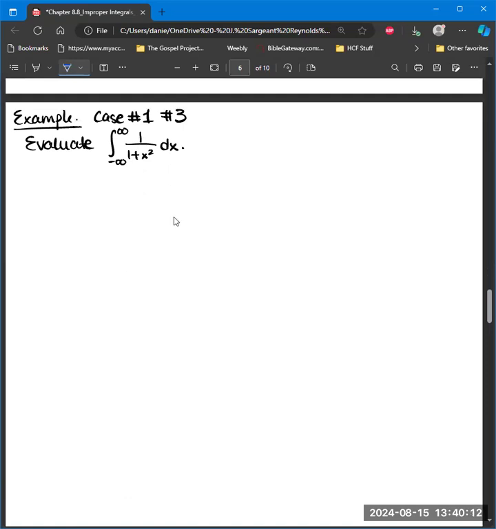Now we have two infinite limits here. So I'm going to have limit as a goes to negative infinity. I'm going to just pick 0 as a good in-between point since 0 is within the domain. So let's just split this into negative infinity to 0 of 1 over (1 plus x squared) dx plus 0 to infinity of 1 over (1 plus x squared) dx.